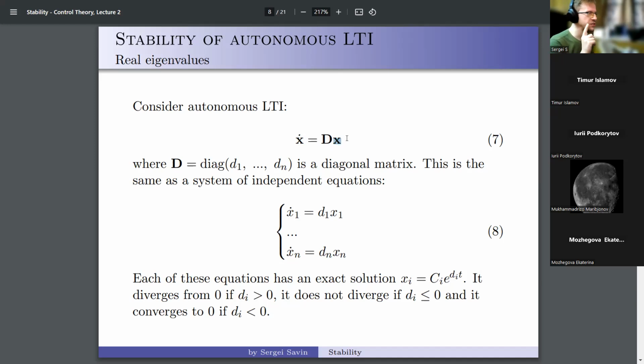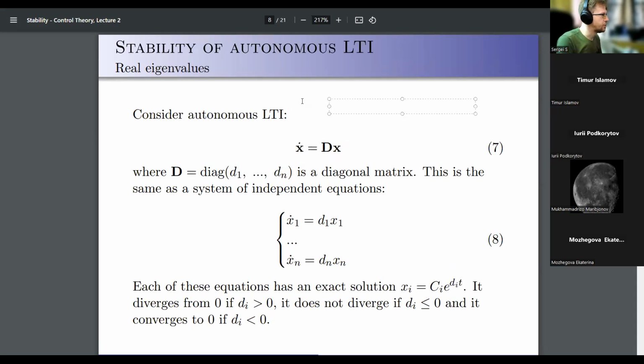But if at least one of the d's is equal to 0, let's say d1 is equal to 0, then any x of the form, let's say, q, 0, 0, 0, 0, 0, would be a solution, would be a critical point.